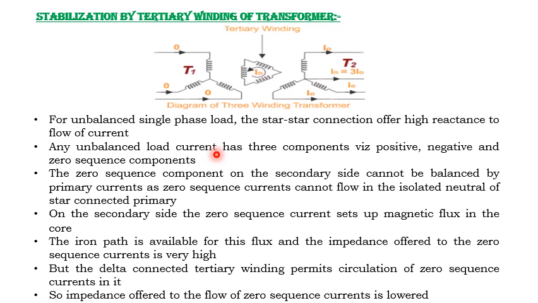If you consider any unbalanced load current, it can be divided into three components: positive sequence component, negative sequence component and zero sequence component. The zero sequence component on the secondary side cannot be balanced by the primary current, as zero sequence current cannot flow in the isolated neutral of the star connected primary.